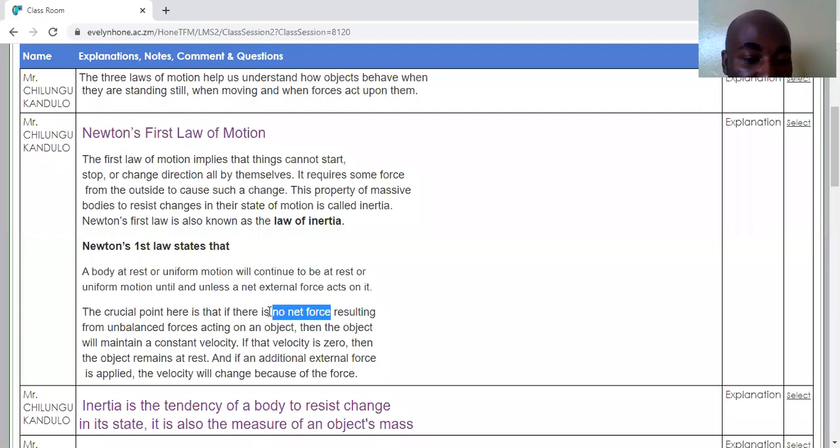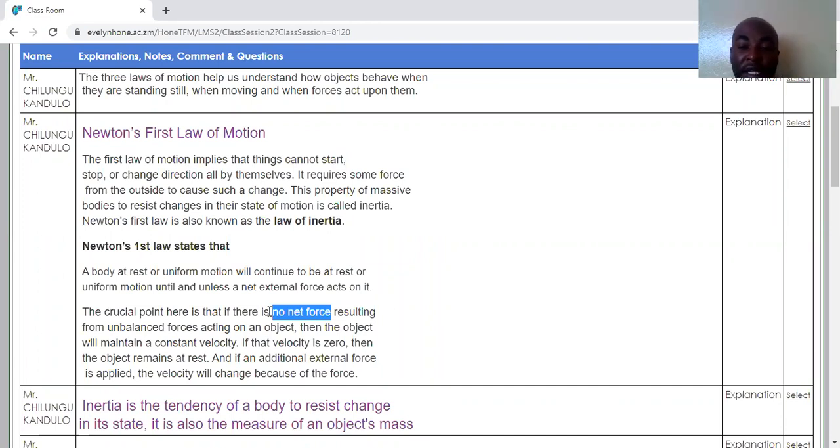When your forces are all balanced, then your body will be moving at constant velocity, and that velocity can also be zero velocity.